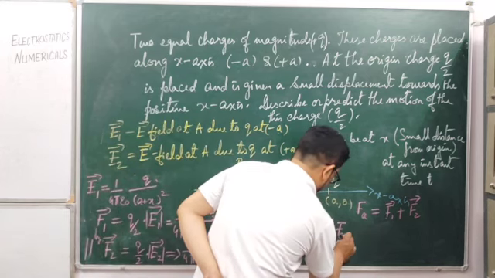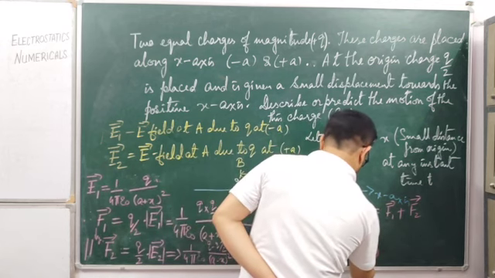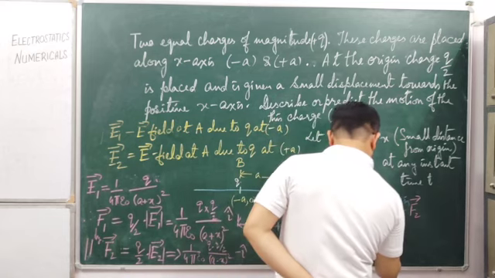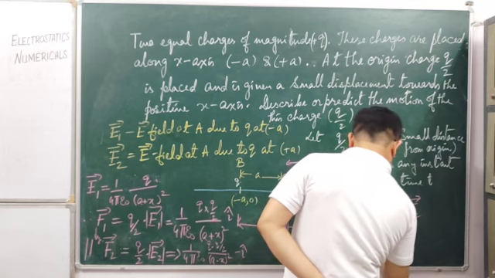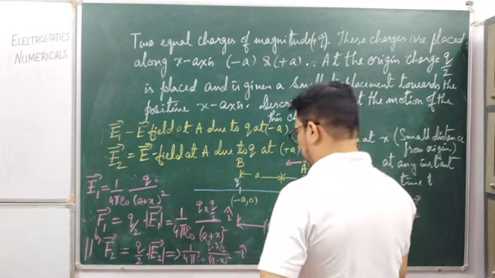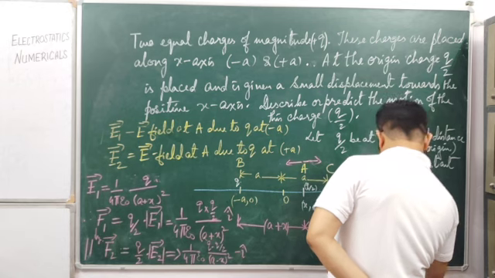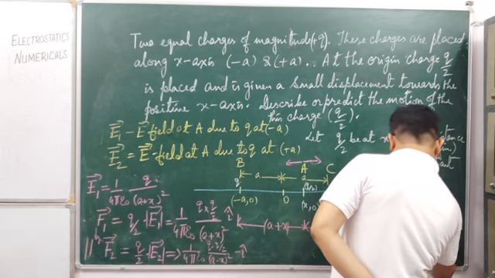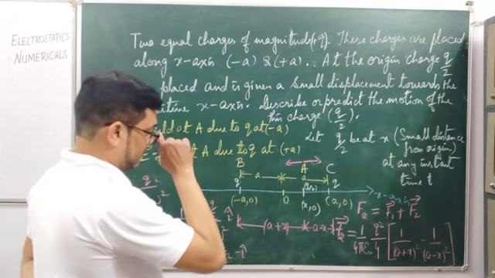So here F_Q, that is the resultant force, is equal to vector addition of these two, and this comes out to be 1 over 4 pi epsilon naught. And this is common, so it comes out to be Q squared by 4. So let's take the 4 in the denominator, and we are left with, just in the bracket, 1 by (A plus X) whole squared minus 1 by (A minus X) whole squared.